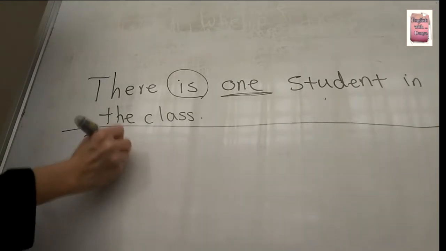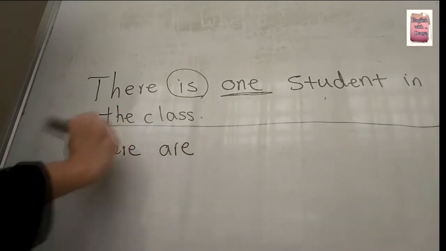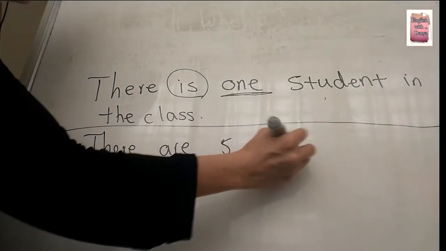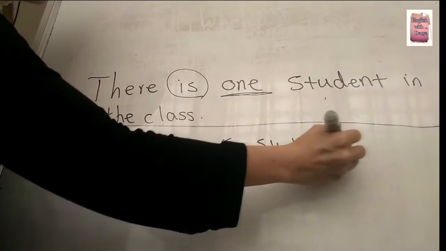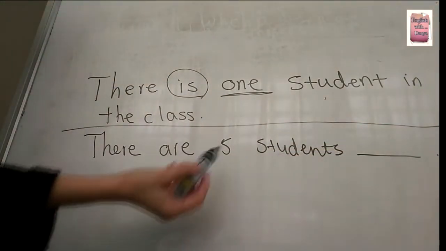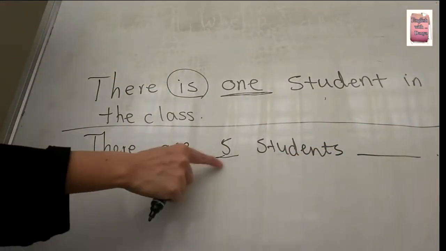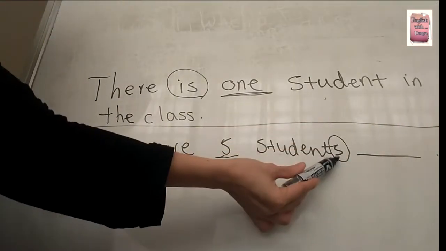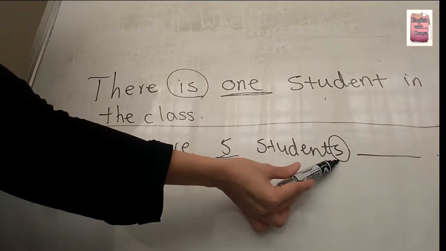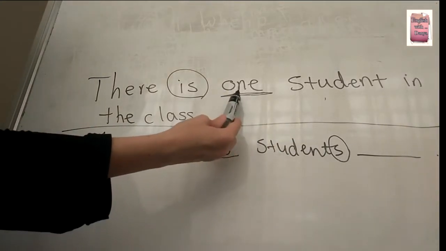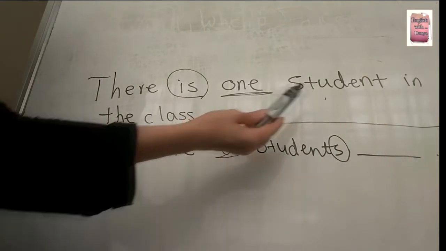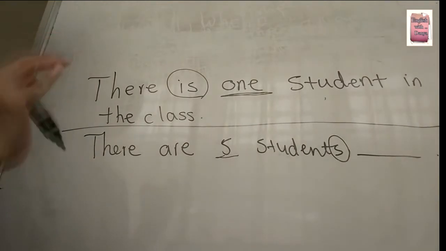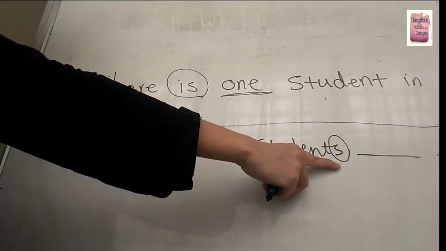If we say there are maybe 5 students in the class, here, because we have 5 and it is still countable, make sure to use S. But in here, we only have one, which is singular. We don't use S. So we only use S with plural nouns.